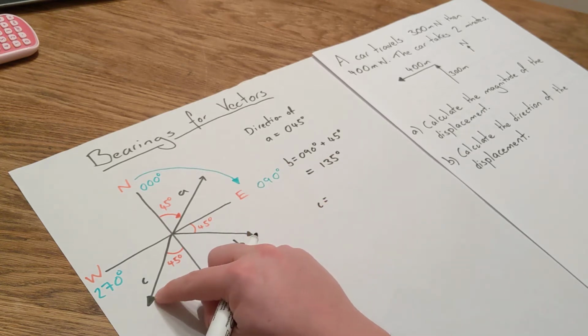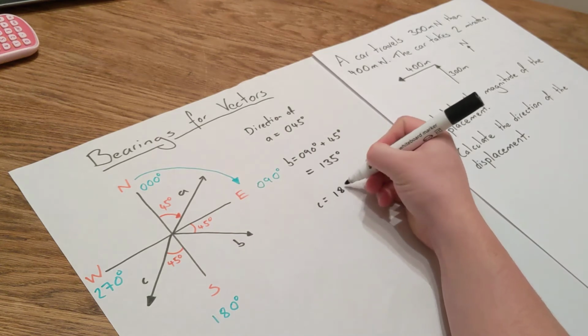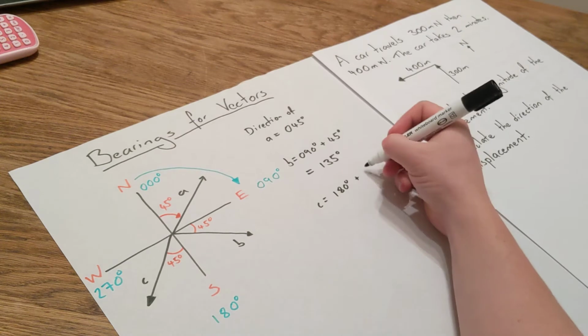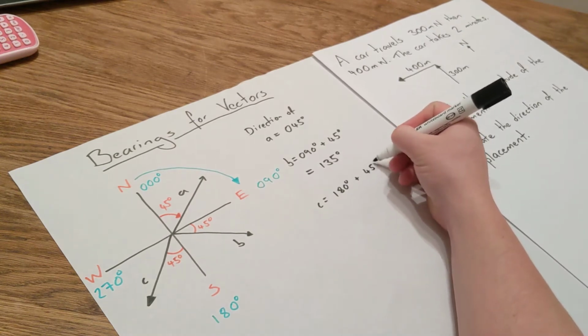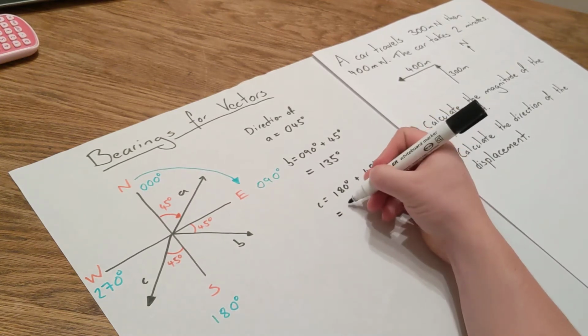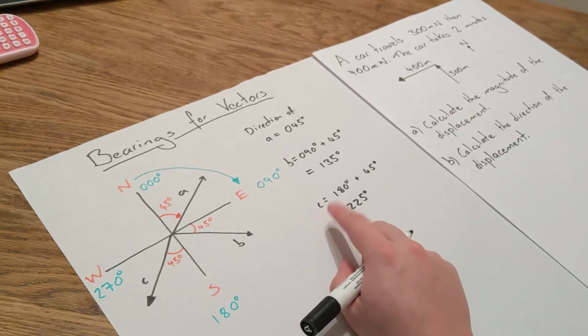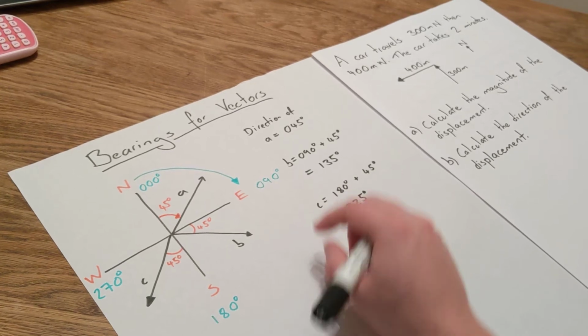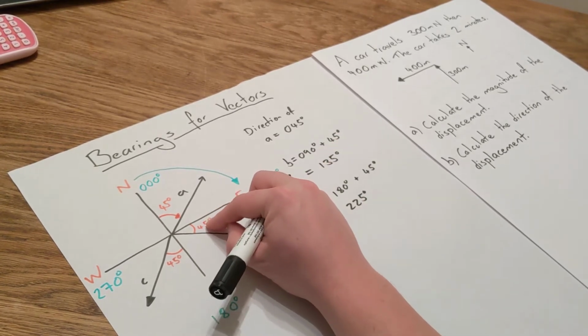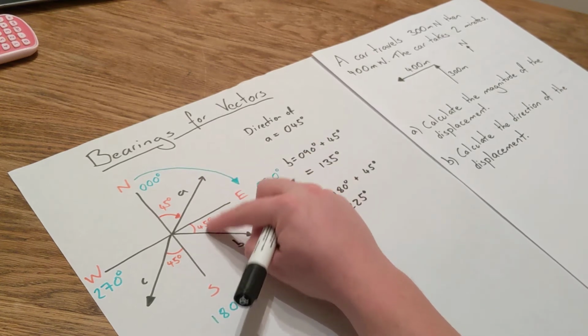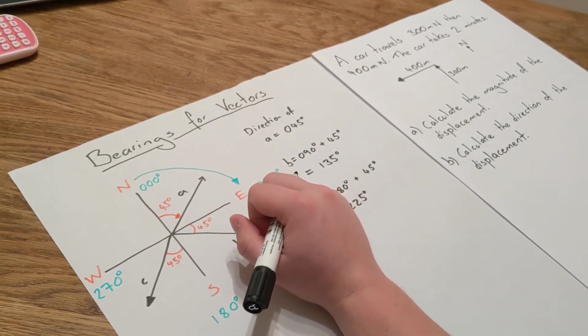By the time I get to C, I've got my 180 degrees plus my 45. So here, I'm actually at 225 degrees as the direction of that vector. The key thing to remember is, even if you know your little angle here, it's measured from north. That's the really important bit needed when you're answering the questions.